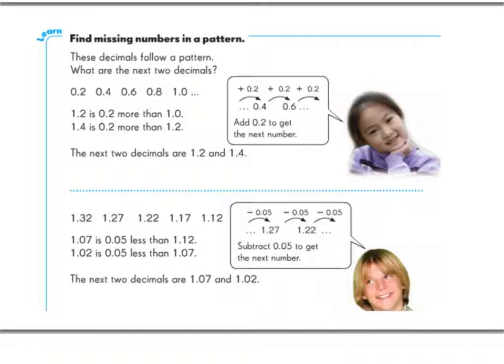So we can see that the next two decimals in this pattern are 1 2/10 and 1 4/10. This is using the vocabulary more than, because each number is 2/10 more than the number before.